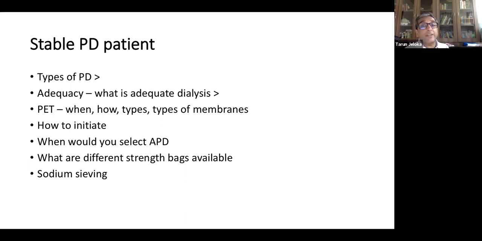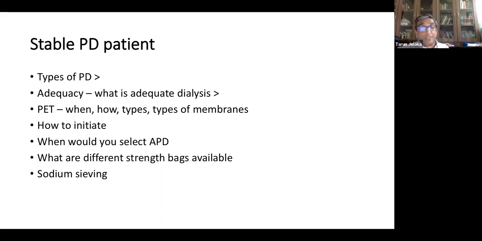That is the second reason to choose APD. Number 3 reason for choosing or not choosing APD is the financial status, because APD is almost twice as expensive as CAPD: 3 exchanges versus APD 10 liters. So these are some reasons when you would select APD.